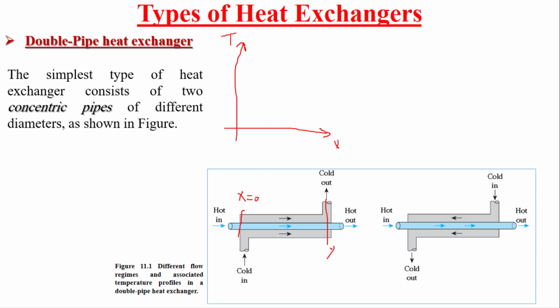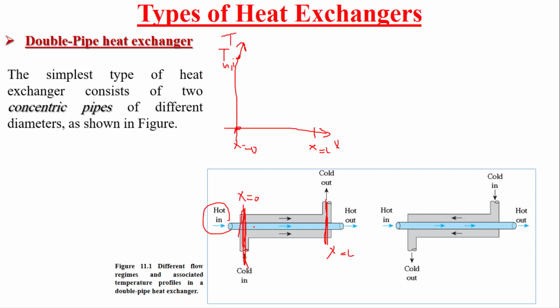So here we have x equal to 0, and here we have x equal to L. Let me draw the temperature profile for the hot flow first. At the inlet, the hot fluid has maximum temperature. So this is T hot, in.